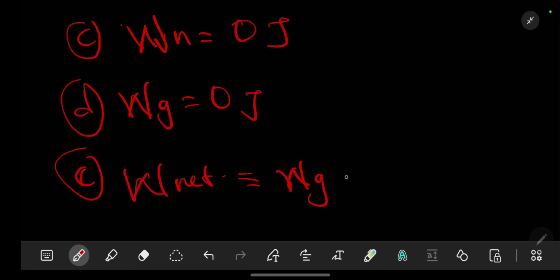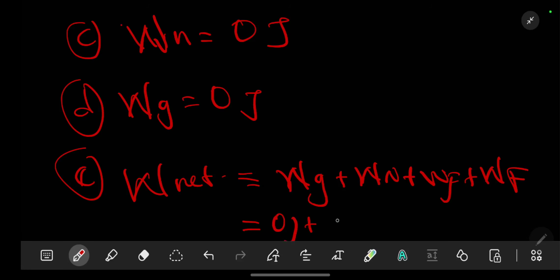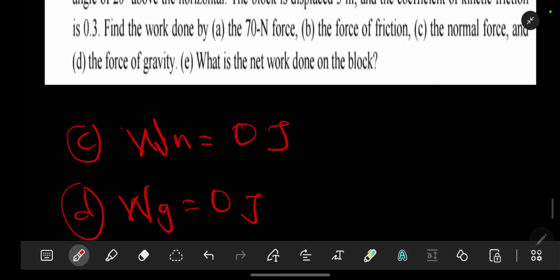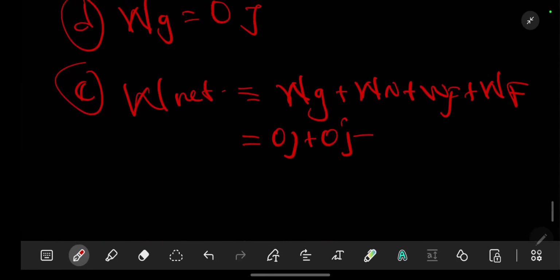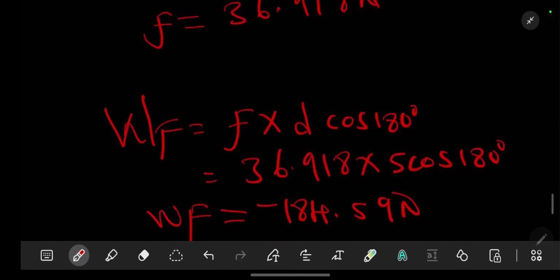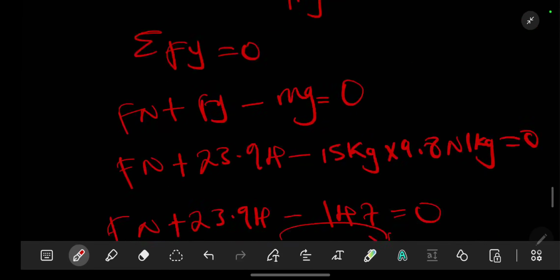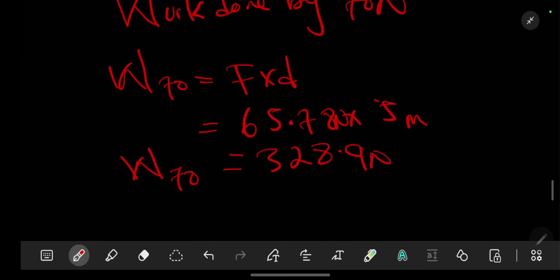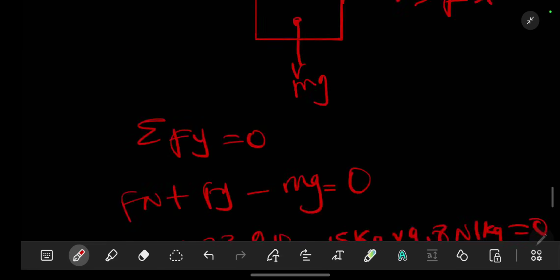the work done by gravity plus the work done by the normal plus the work done by the friction plus the work done by the force. In this case, gravity 0 joules plus the normal 0 joules plus the frictional force, which produced a negative work of negative 184 joules, plus the work done by the force, which was found to be 328.9.